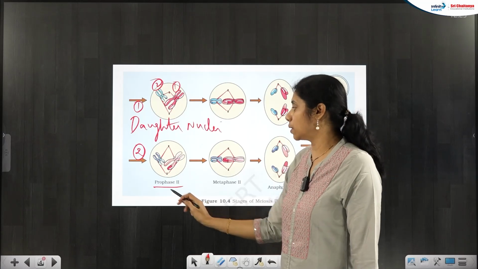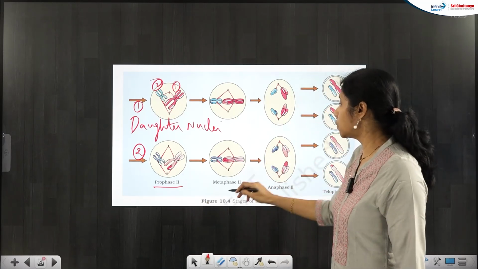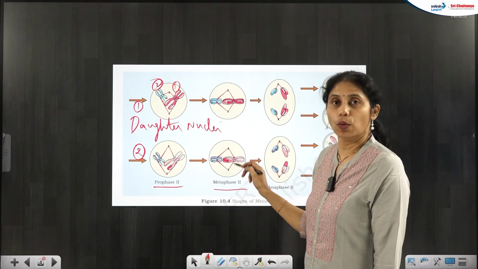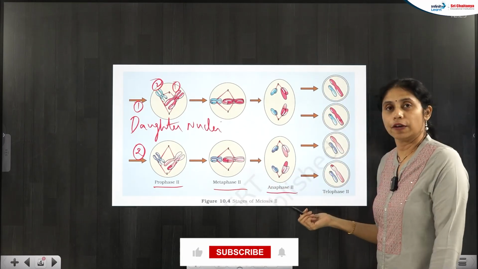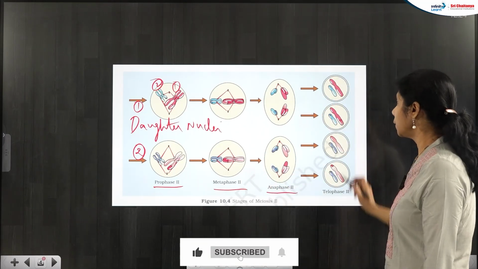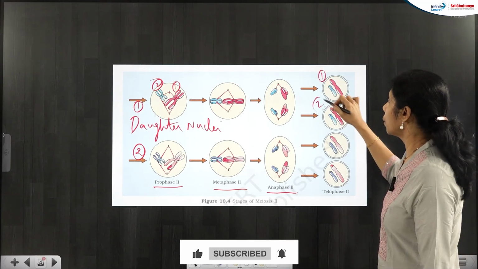So 2 daughter nuclei are there, both having a red one and a blue one. If this picture is given, it is prophase 2, and that leads to metaphase 2, where the red and blue ones are arranged on the equator. If they are getting separated, it is anaphase 2, and by the end of telophase 2 you get 4 daughter cells.